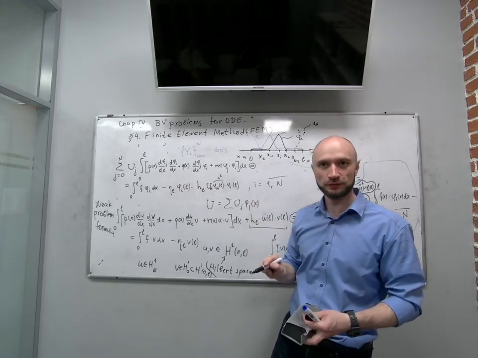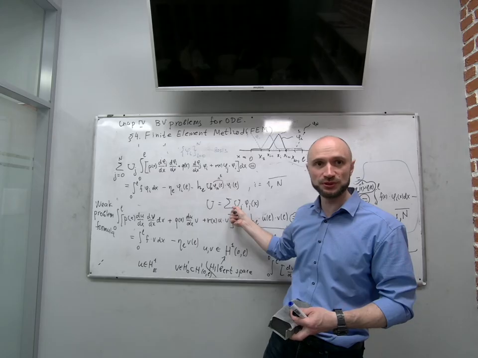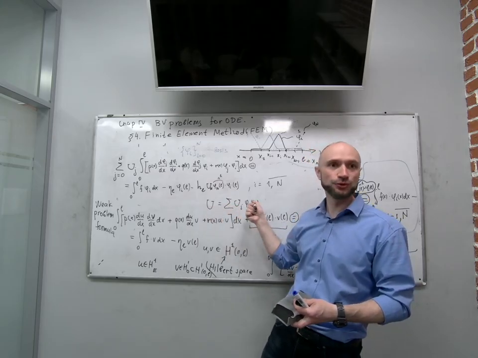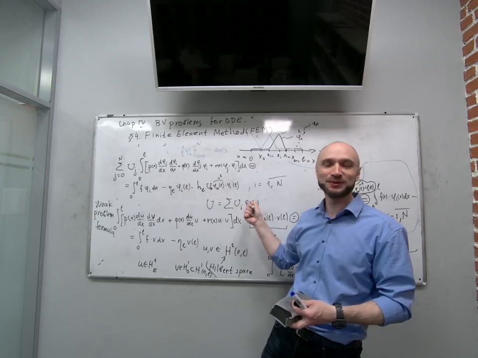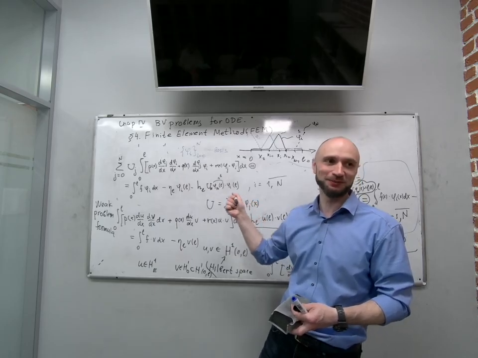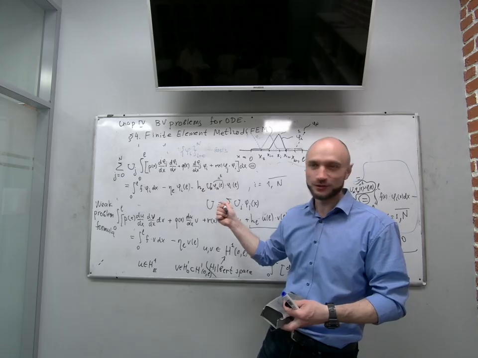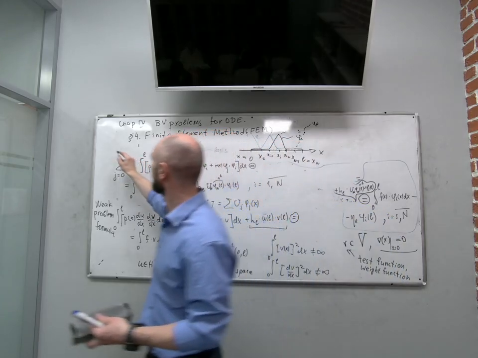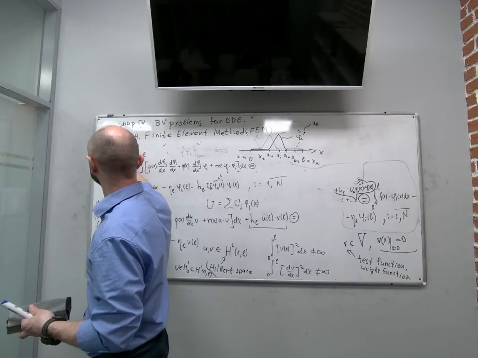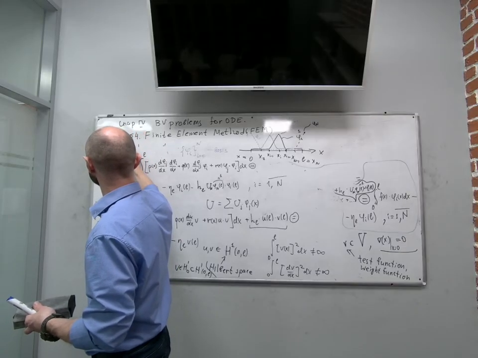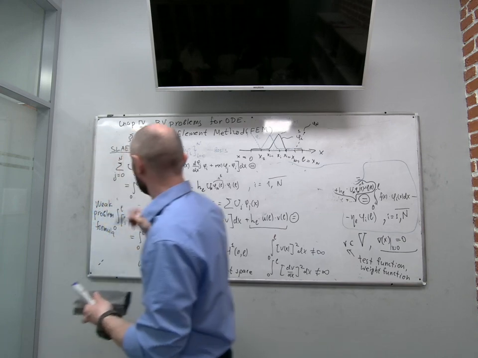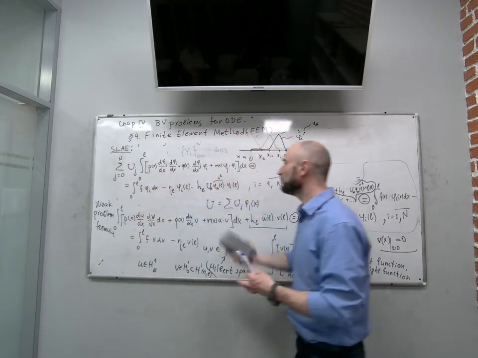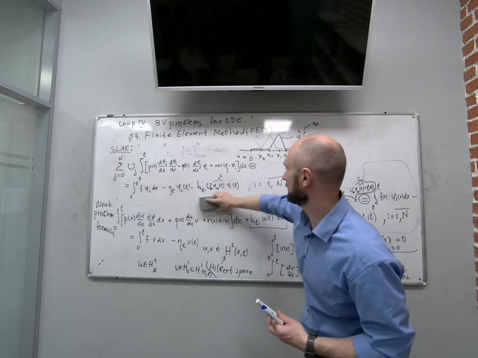If we find coefficients u capital J, then we'll be able to write our solution obtained by the finite element method. So our goal now is to solve a system of linear algebraic equations and get these coefficients.